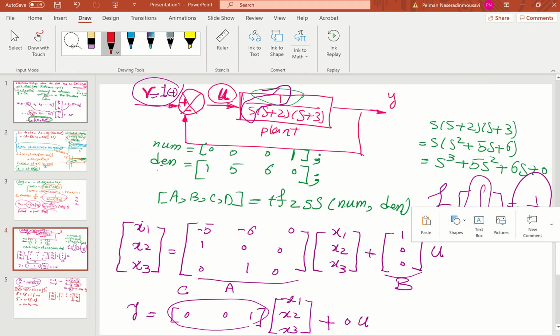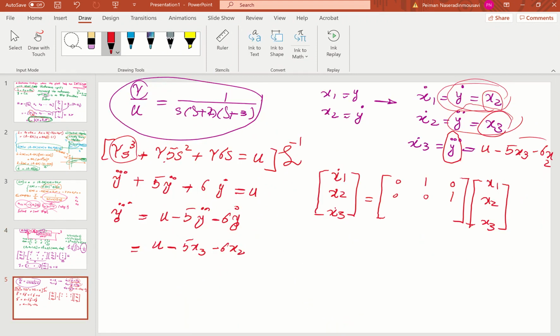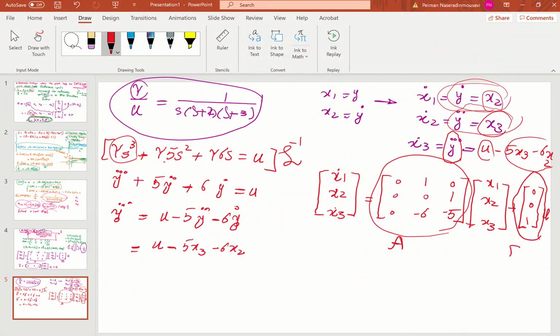And here for the state variables, there's no x1, 0, x2 is minus 6, minus 5, plus Bu. There's no u here, 0, no u here, 0, only u is here. Bingo, we got that. Understood? So guys, by hand, this is your A. Pay attention very carefully. This is your B.